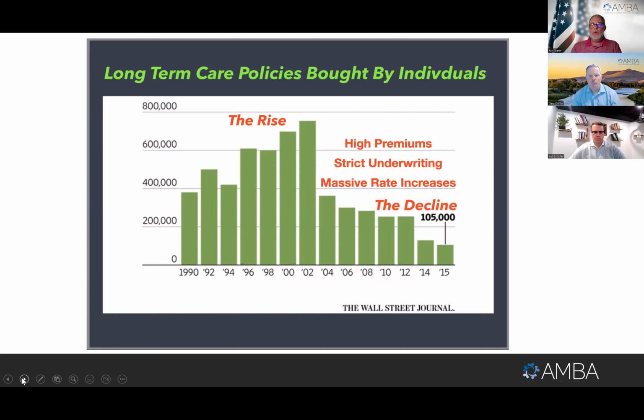Then all of a sudden, we started to see the impact of Alzheimer's and people living longer on long-term care. Companies started saying, we can't afford to support this situation, so we have to raise premiums and tighten up the medical guidelines to qualify. And so we started to see this significant decline.